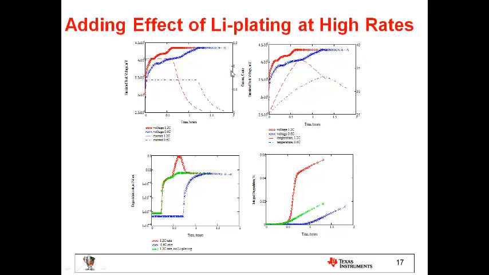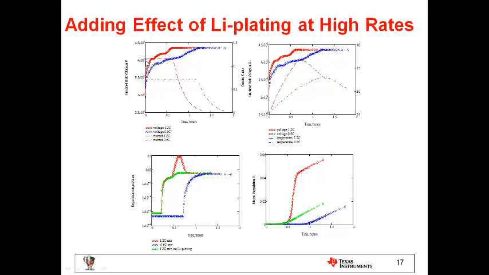The charge takes about 2 hours, and the current is lower. The temperature is also staying around 33 C. And if you look at the differential degradation, it is pretty much smooth. So there are no particular sharp features in the degradation profile.